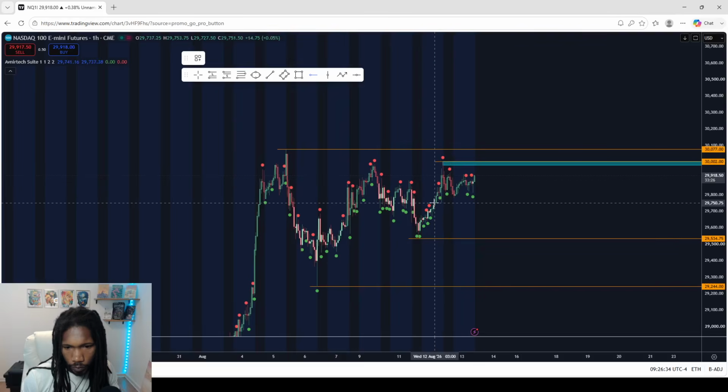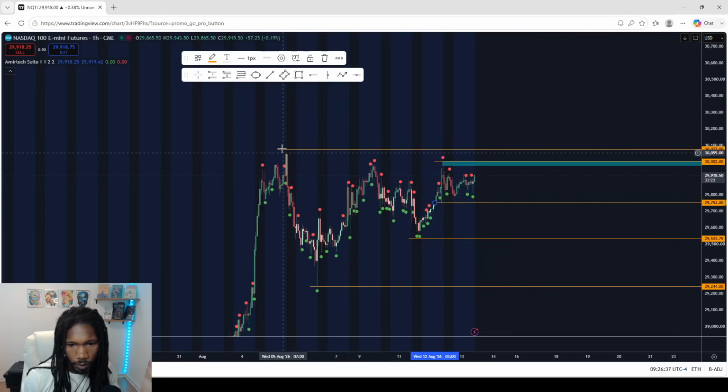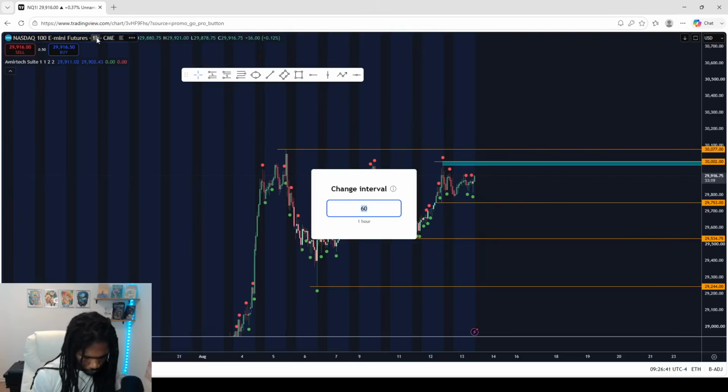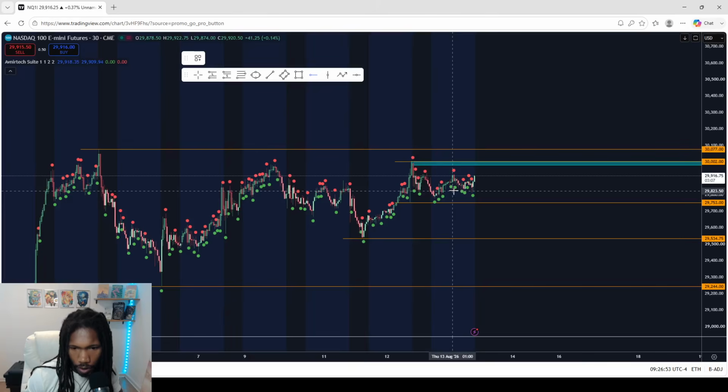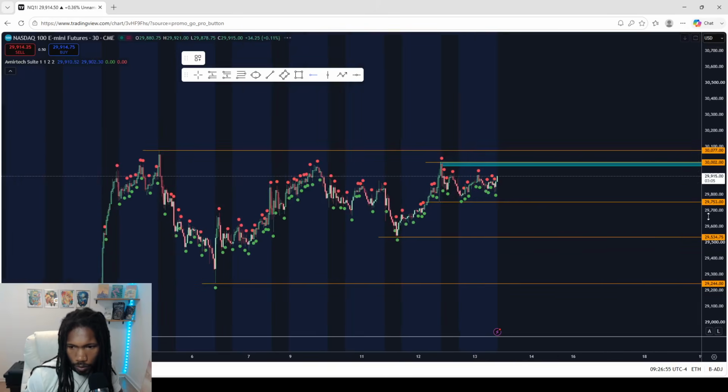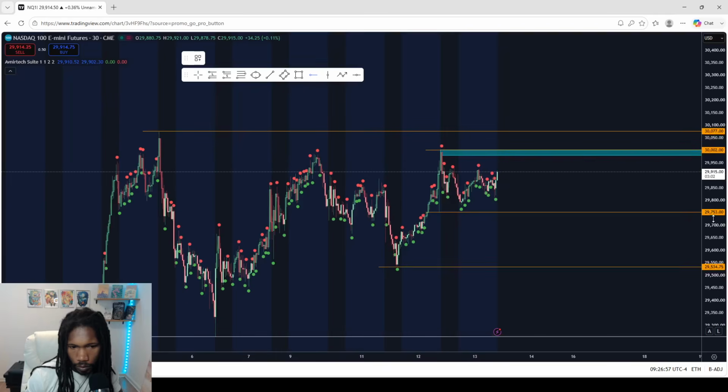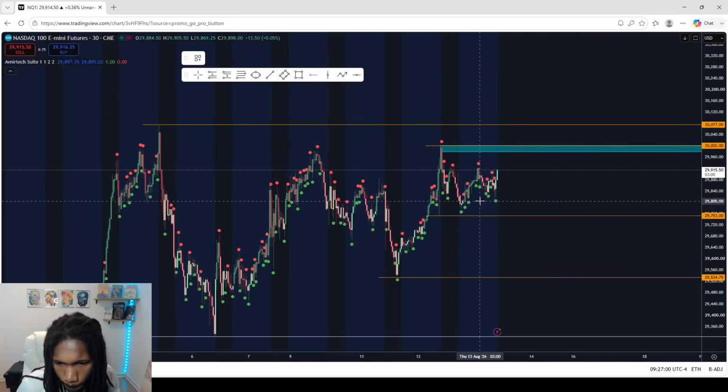These would be levels or points of interest. Alright, I think that's pretty good right there. Actually, let's mark off these levels right here.